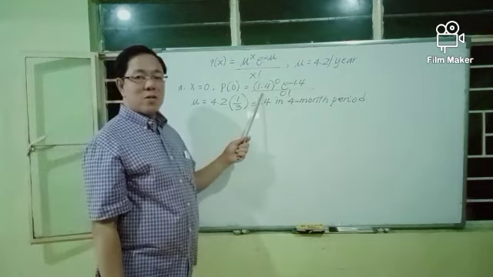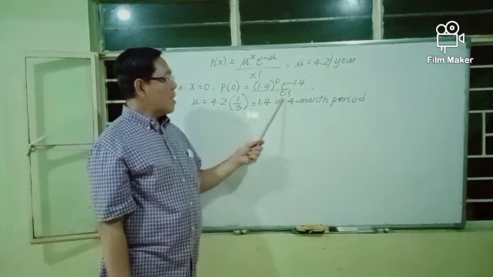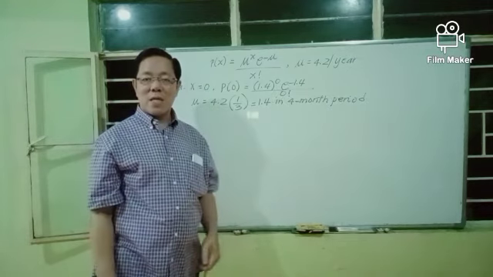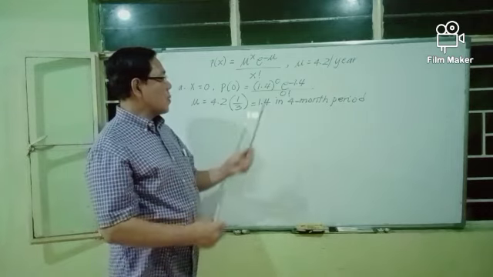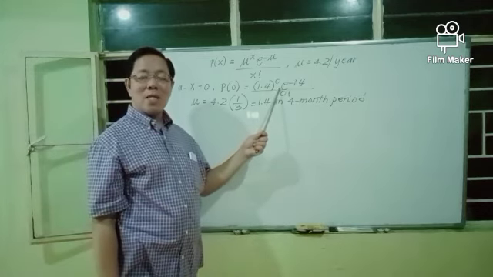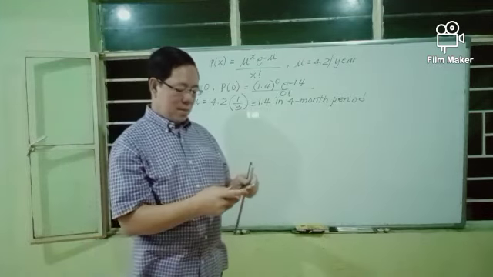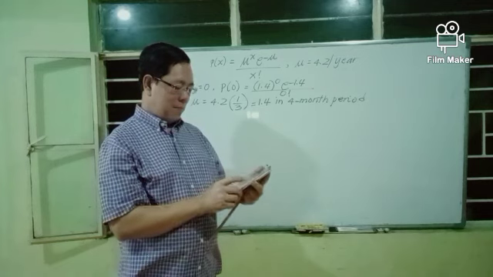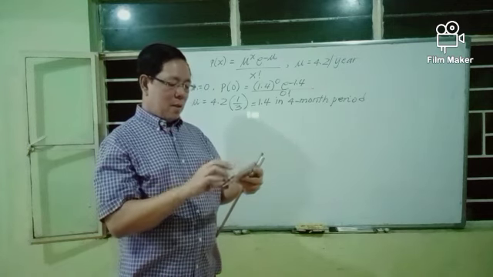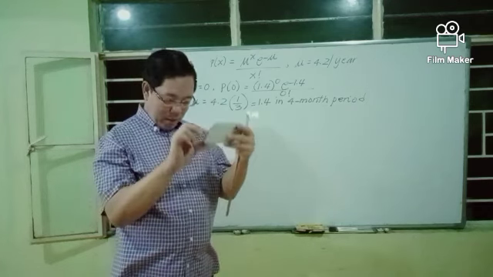And we know from algebra that 1.4 to the power 0 is 1. And 0 factorial, as we said earlier, is defined as 1. Therefore, in our calculator, we only need to compute e to the negative 1.4. We have e to the power negative 1.4.